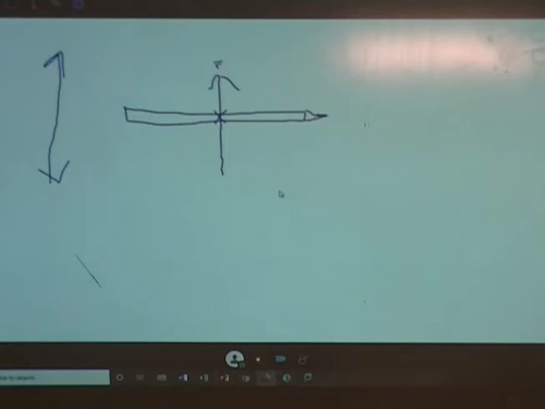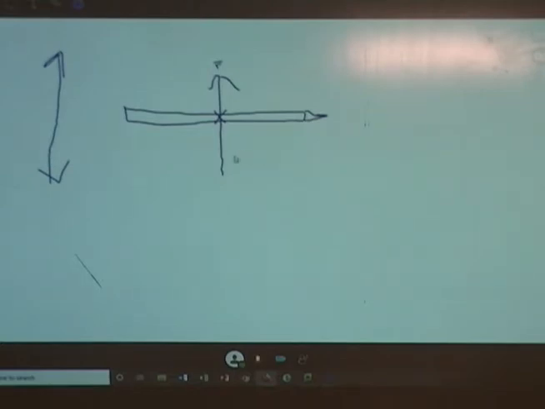Does that make sense? If I want to move it down, I would apply the force straight through the center of gravity, but downwards. Right? This is a floating magic pencil, you understand. Okay?